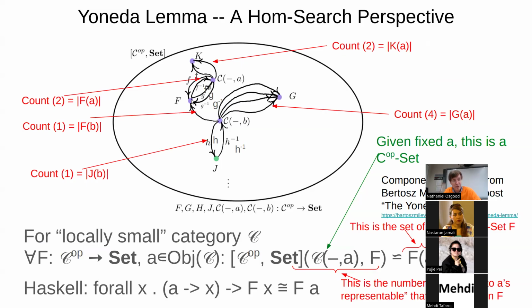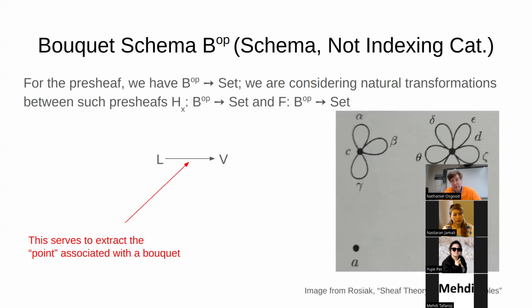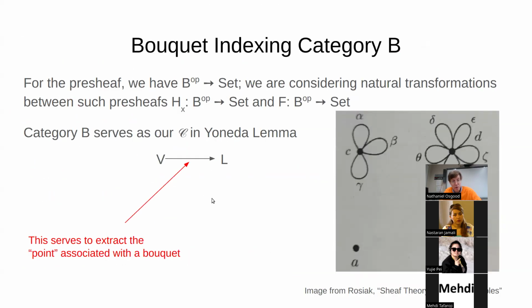So look, just to make this a little bit more clear, each of these is like one of these diagrams. If C were this indexing category, this is one of the diagrams that can result.